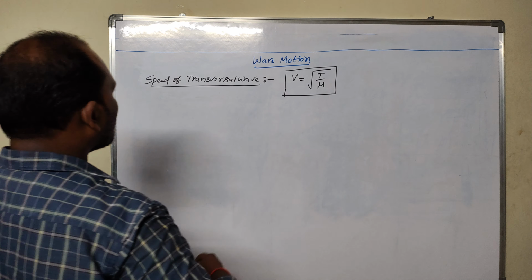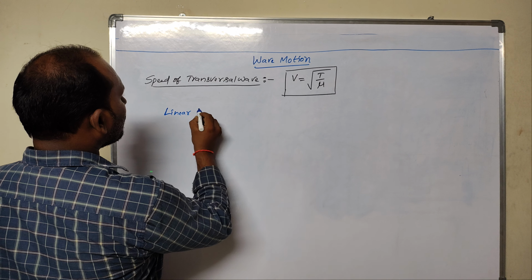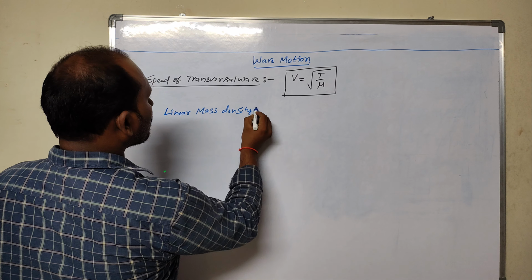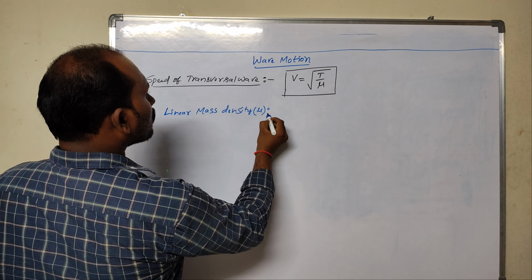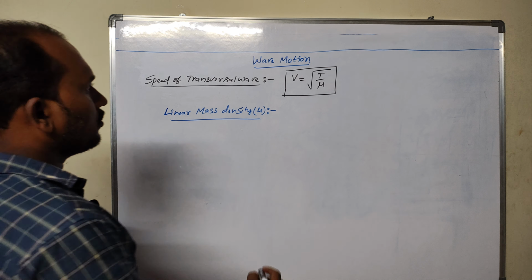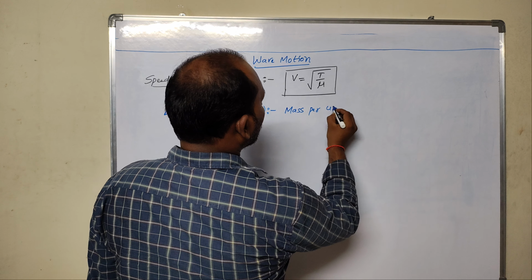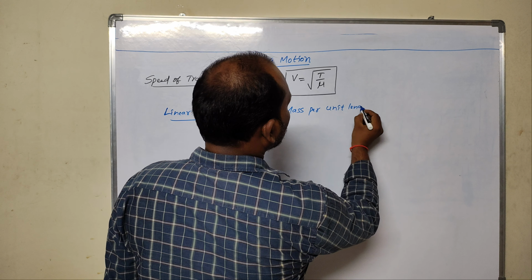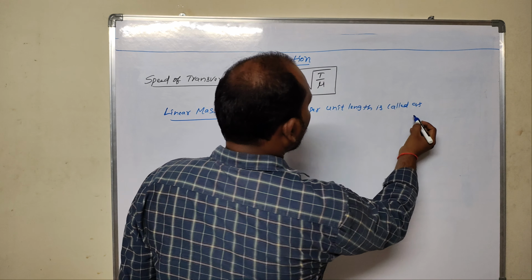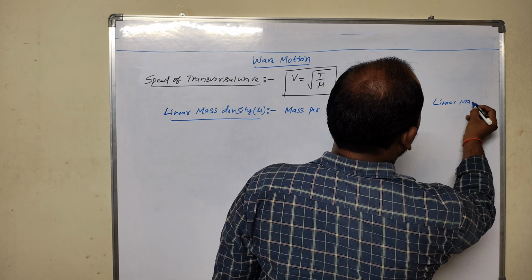Mu is nothing but linear mass density. What is meant by linear mass density, guys? Mass per unit length is called linear mass density.